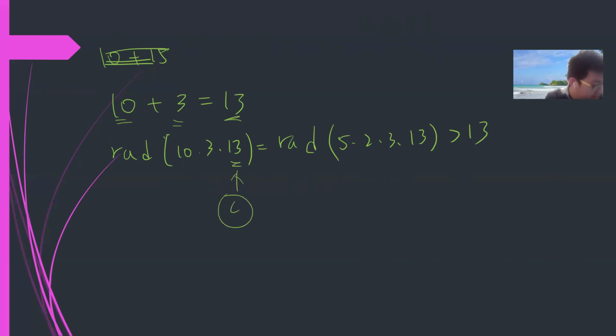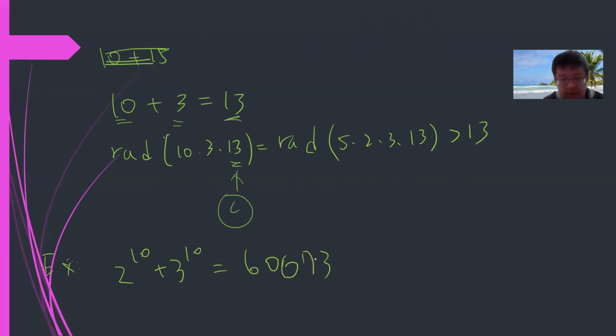Probably this is not easy to understand. But for example, if I take 2 to the 10 plus 3 to the 10, it gives you 60073, which is 13 times 4621.